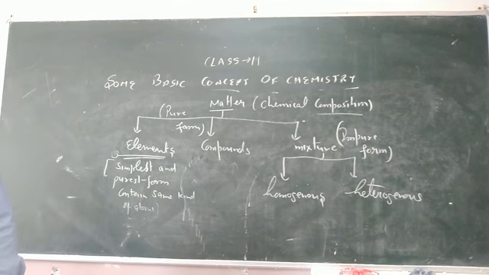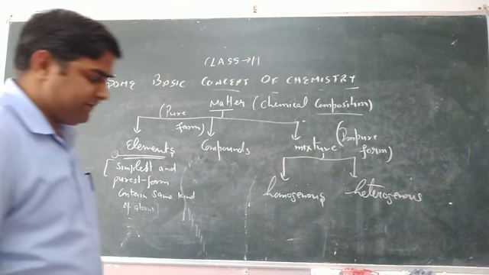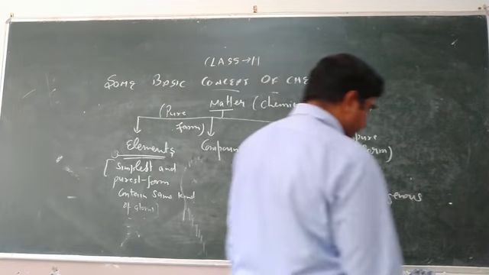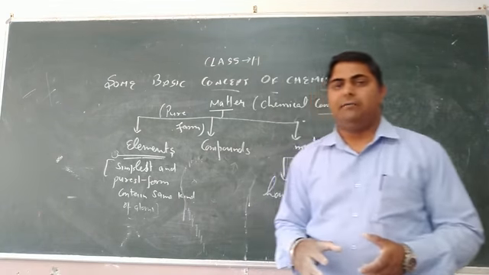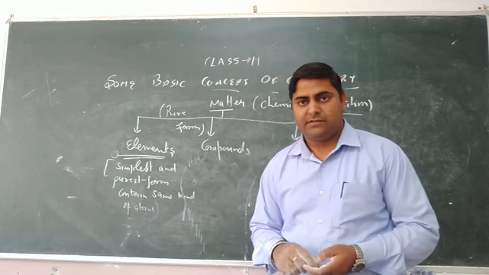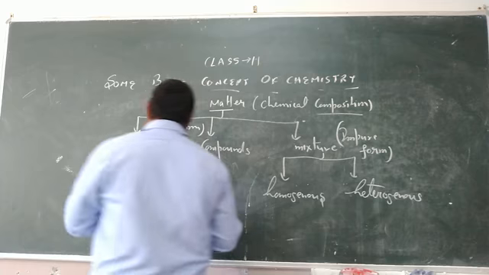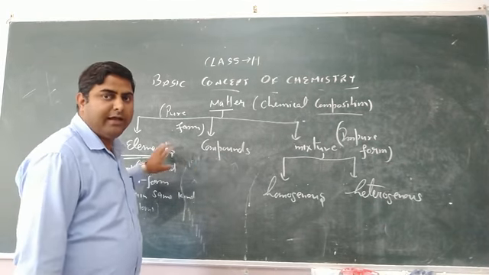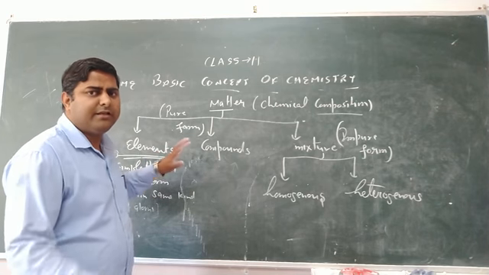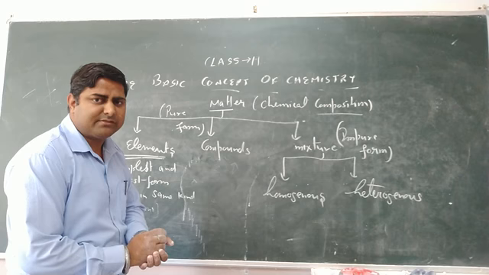Now, let us move towards compounds. Compounds are again defined as a pure form of matter, but compounds are formed when two or more elements combine in a fixed ratio by mass. Elements are generally the simplest form, we call them atoms.